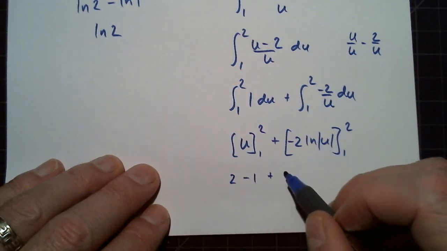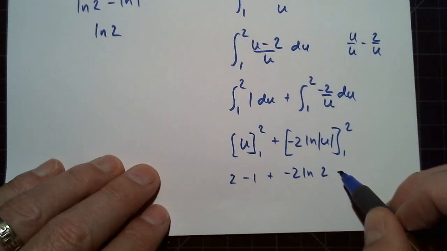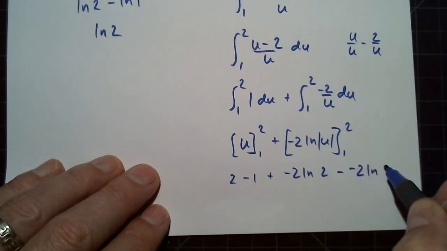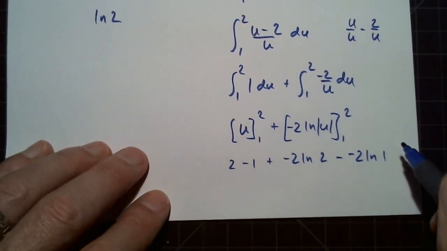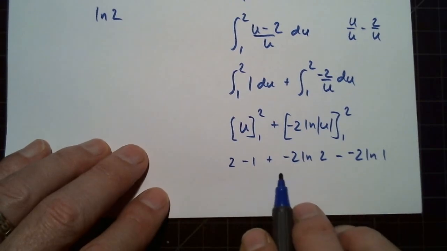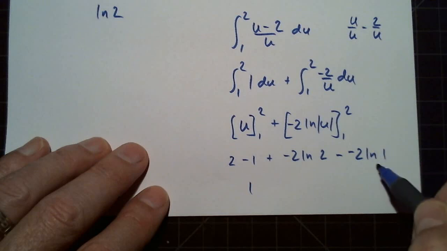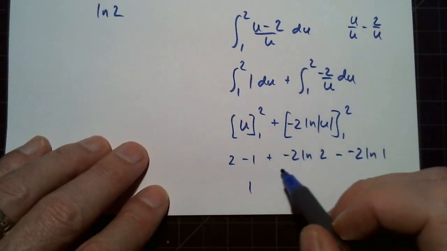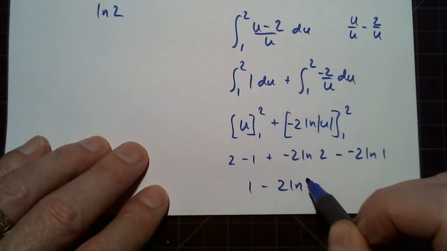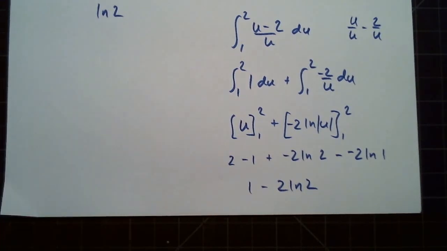Put in 2 here, we have negative 2 ln 2 minus negative 2 ln 1. And 2 minus 1 is 1. This ln 1 is 0. So this is just going to be 1 minus 2 ln 2. And we'll stop there.